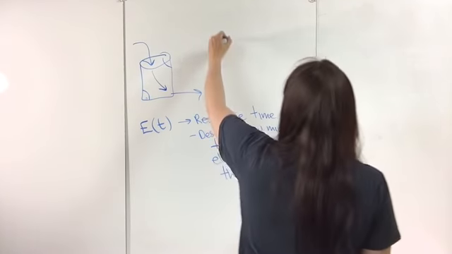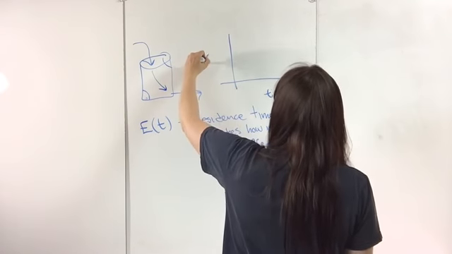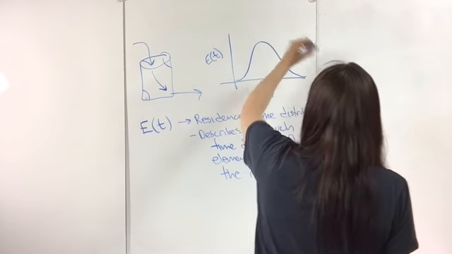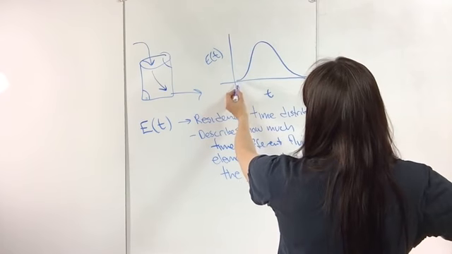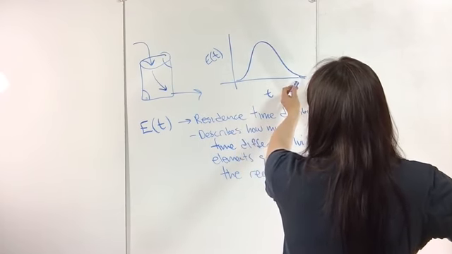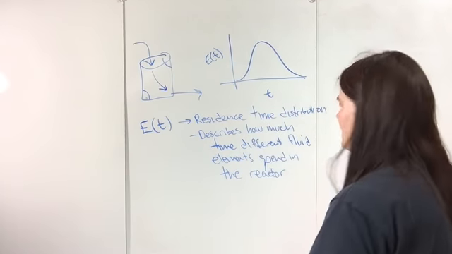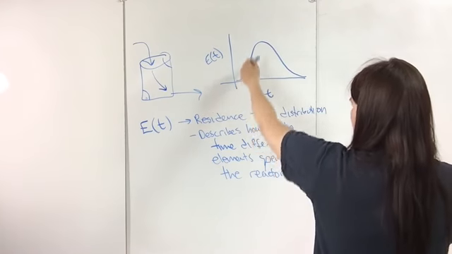So for instance, say this is time t and this is E of t. It probably looks something like this. You have some molecules here that spend almost no time, some here that spend a lot of time, and then in the middle you have molecules that are spending this much time.